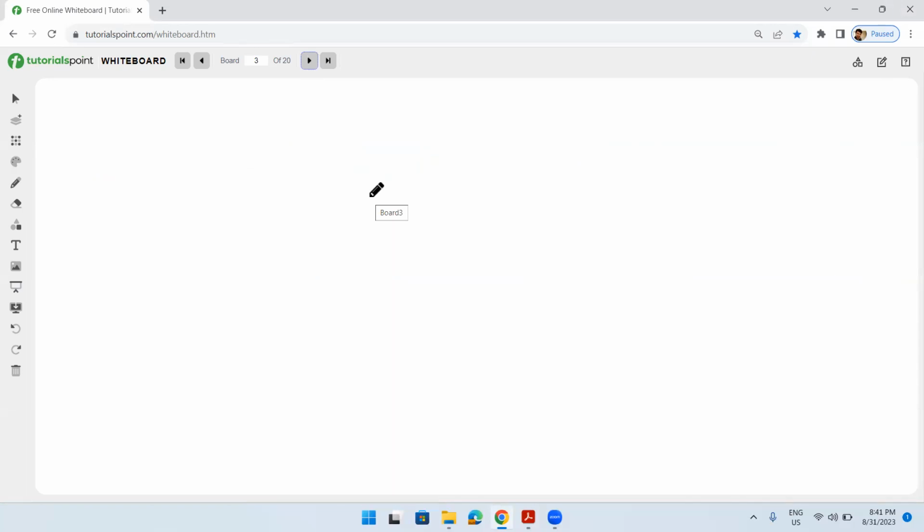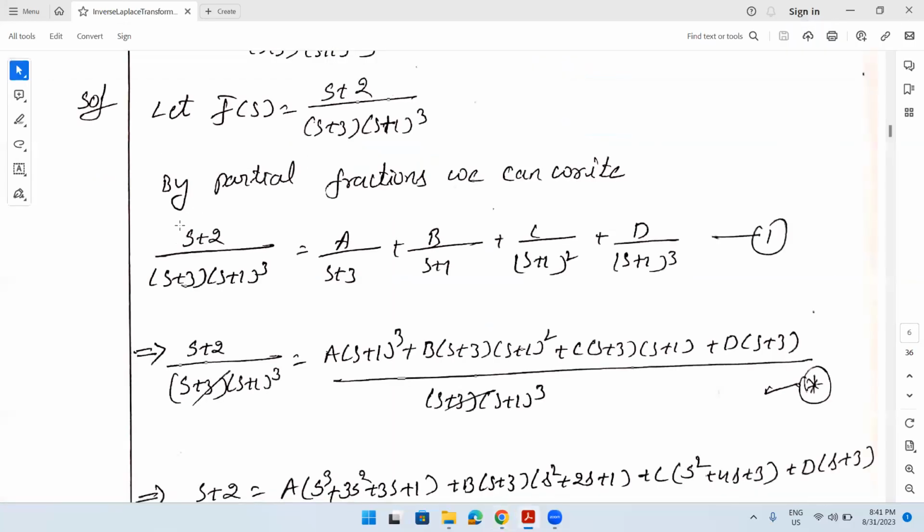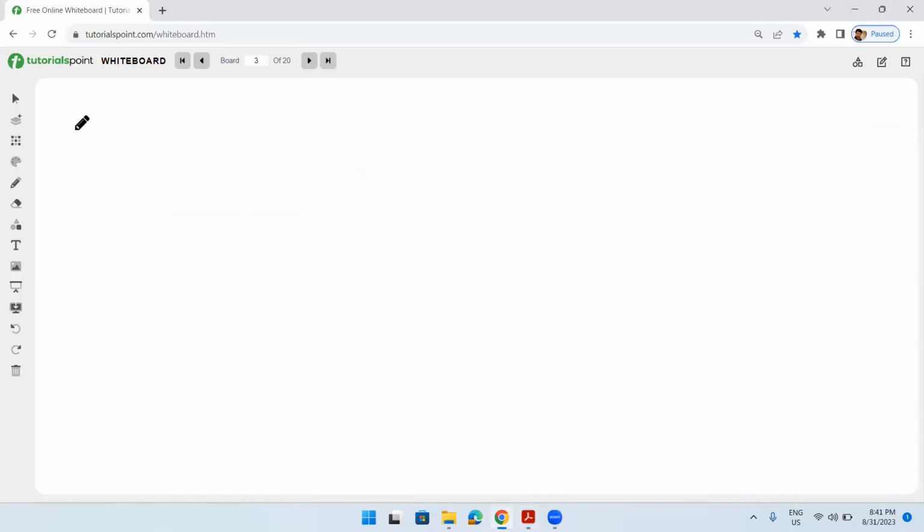Now the numerator we get is just s plus 2.